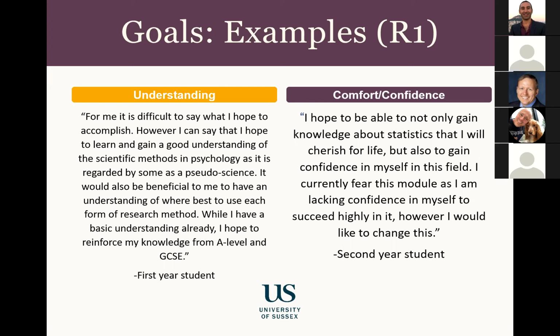I'd love to know who some are in this person's life, but I think that's really lovely. They want to know what the scientific applications in psychology are. "It'd be beneficial to me to have an understanding of where best to use each form of research methods." And again, something that came up a lot in first-year responses, taking things from A-level and GCSE and then refreshing that knowledge or applying it at a more advanced level. So I really love that response.